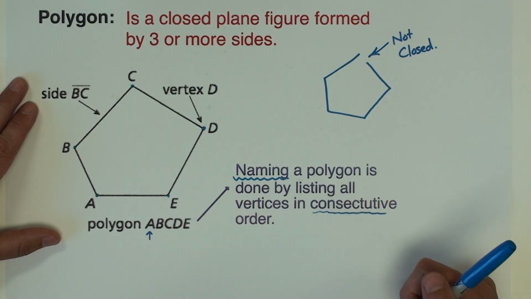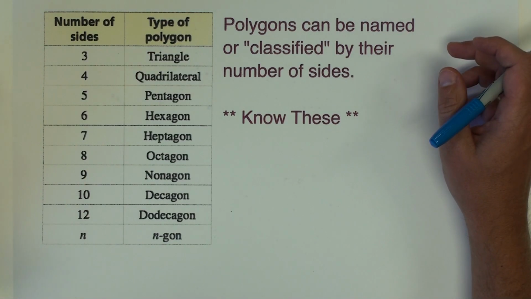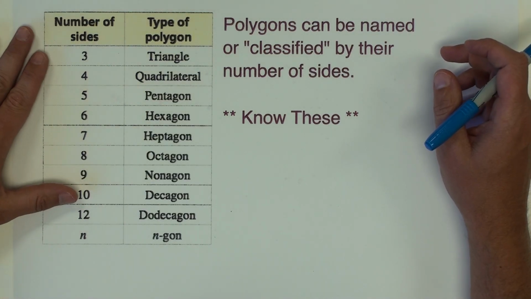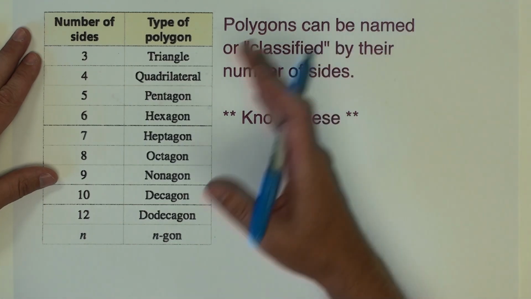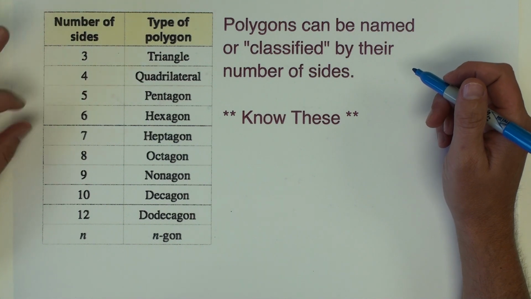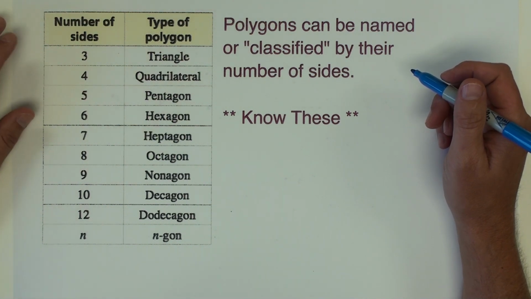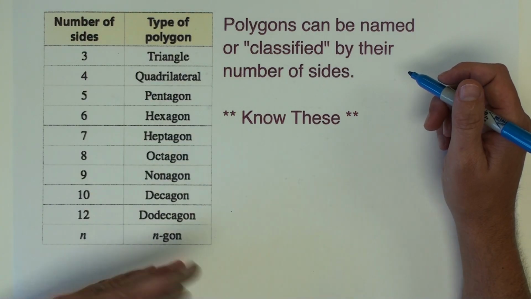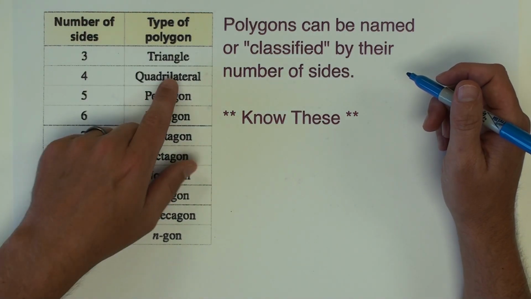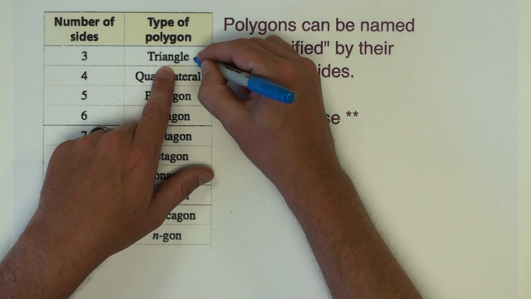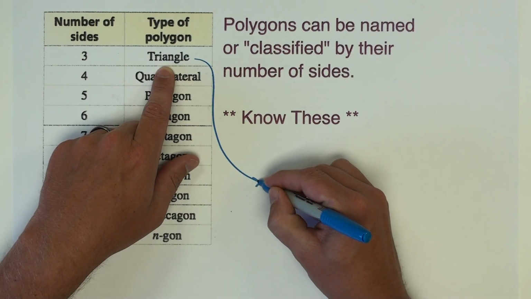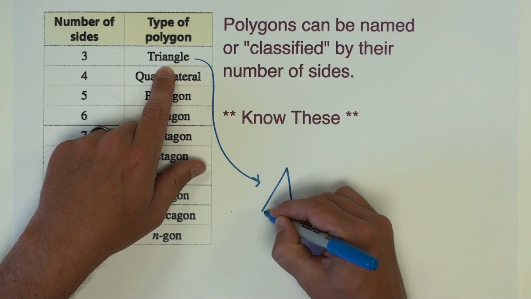Now this particular slide has some information on it that I no doubt believe you're aware of, you've at least heard as you've gone through your grade levels up to this geometry course. But polygons can be classified by their number of sides. Like these names, no doubt you've heard some of them. I'm sure everybody knows what a triangle is. If I asked you to draw a triangle, we'd all just draw something like that.